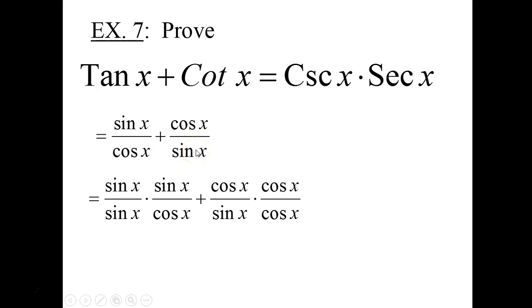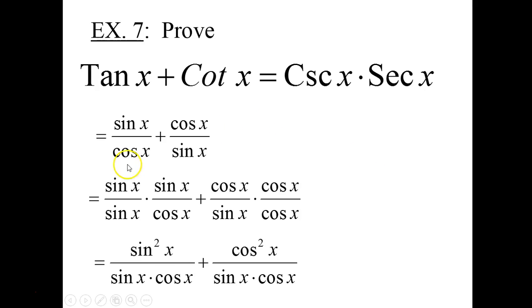The other one has a sine, so I'm going to multiply the first fraction times sine over sine. Second one has a sine on the bottom. It needs a cosine, so I'm going to multiply by cosine over cosine. That'll give me common denominators, and will give me the expression sine times sine, which is sine squared, over our denominator, sine times cosine, plus cosine times cosine, which is cosine squared, over the same denominator.